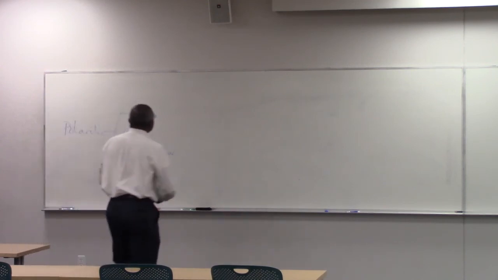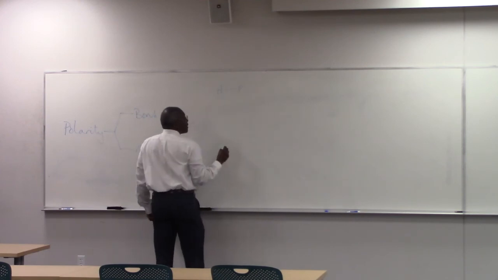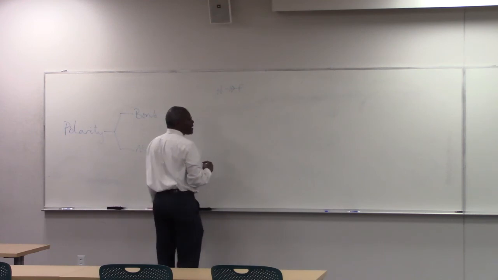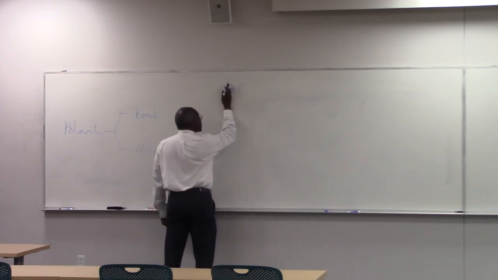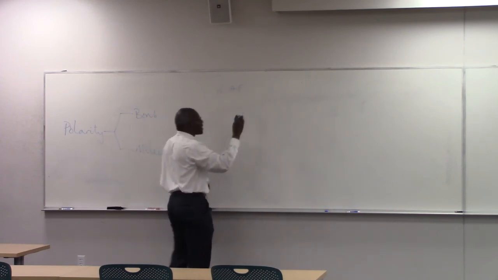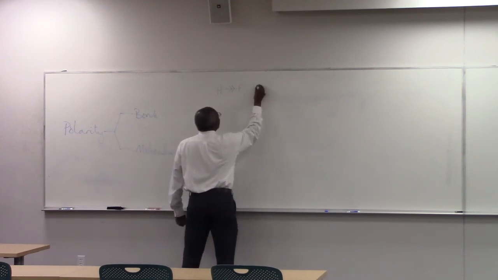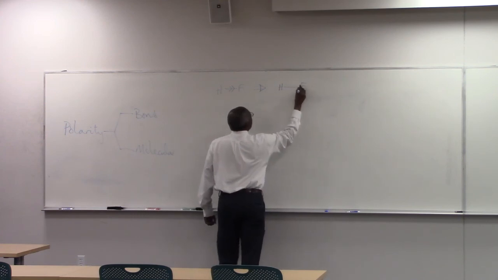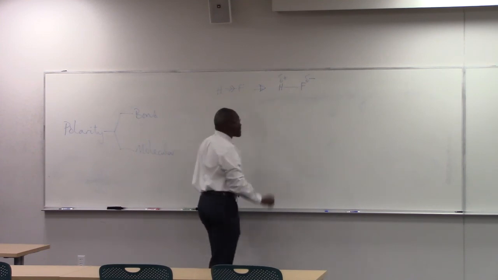So for example, if I have H attached to F, because the fluorine is more electronegative than the hydrogen, the sigma electrons in the HF bond drift towards the fluorine, and I create a dipole. So I end up with one end of the molecule looking distinctly negative, one end looking distinctly positive.